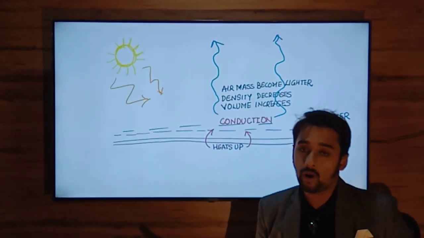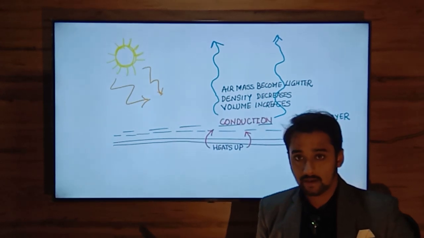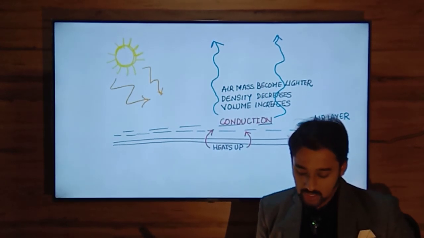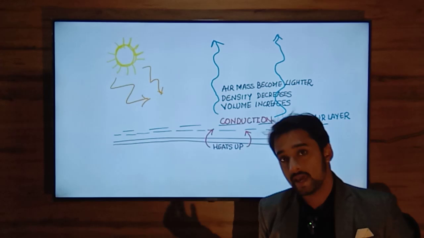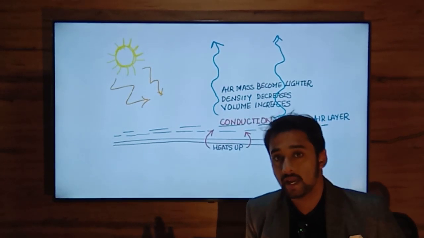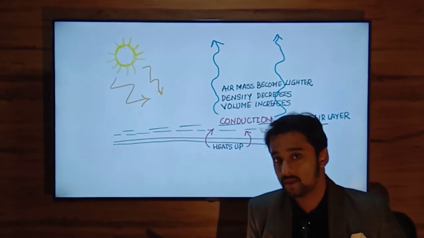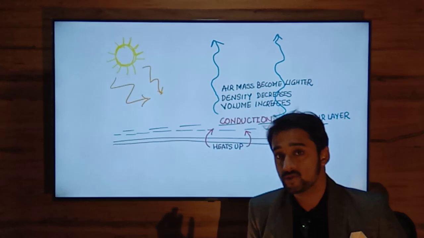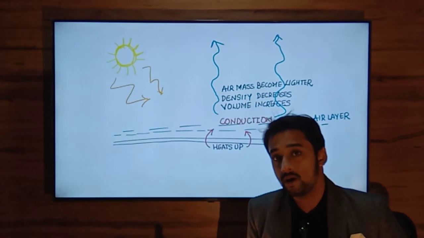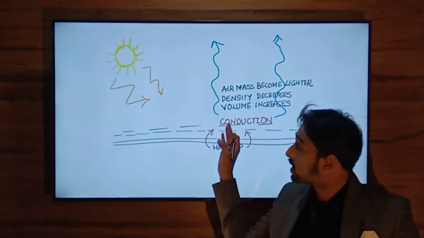It will keep on rising until it achieves stability. So due to conduction, the air layer gets heated by the land, becomes light, and rises in the atmosphere depending on the stability or instability of the atmosphere. If the atmosphere is very unstable, it will keep rising and rising, and we call this an upward current of air.